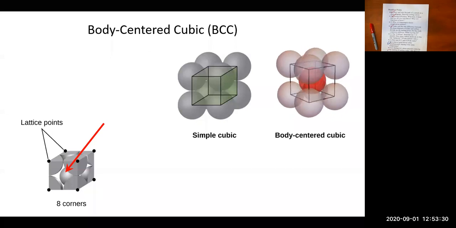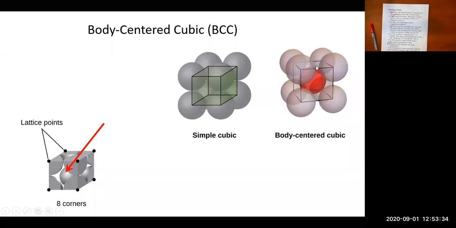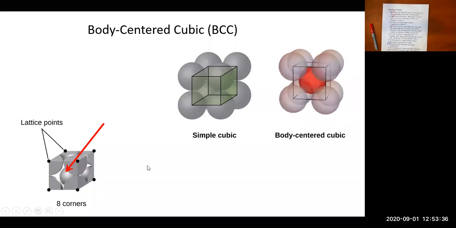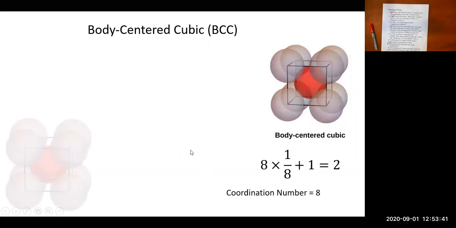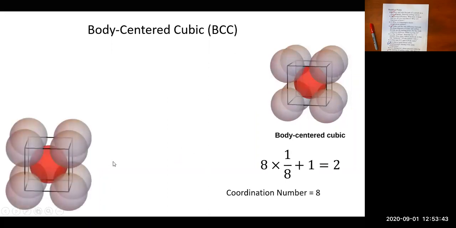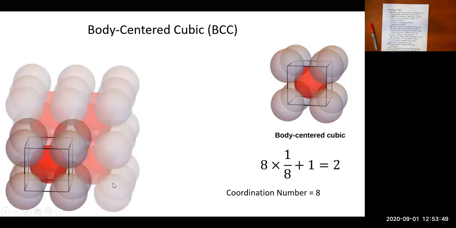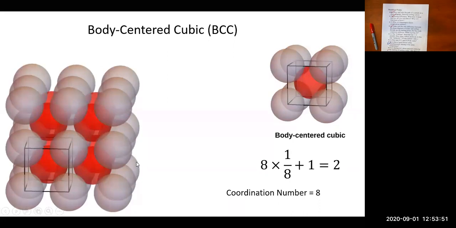Now you can raise the question, that's if you're looking at the central one, but if you're looking at the corner instead, that's going to be hard to visualize. Well, I go through a visualization here, where if we take one unit cell of the body-centered cubic, we'll extend it in each direction a little bit, and now let's redefine our unit cell so that it's on the red atoms instead of on the gray atoms.